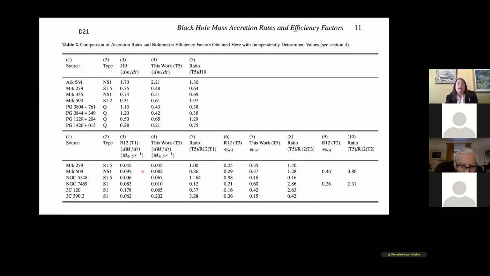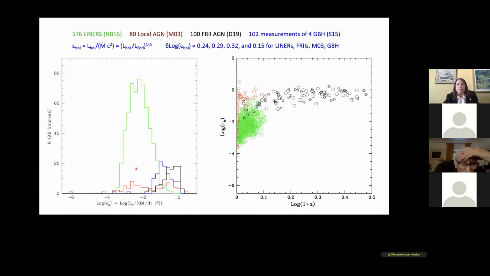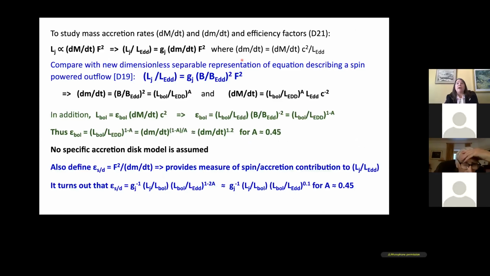I like to compare the physical mass accretion rate, because the physical mass accretion rate should be the same even if it's derived assuming a different relationship between dimensionless m dot and capital M dot.